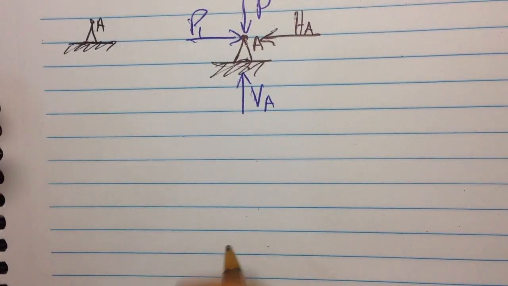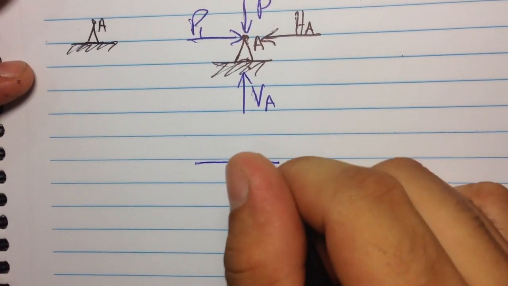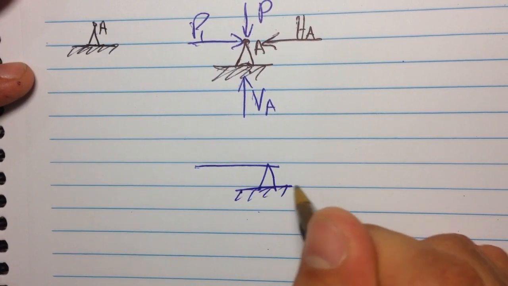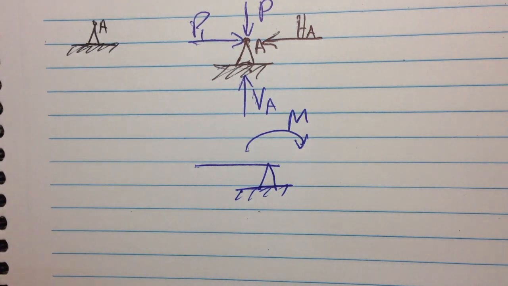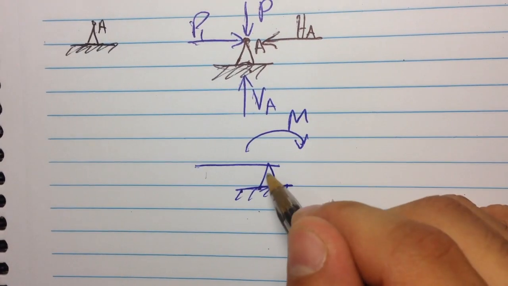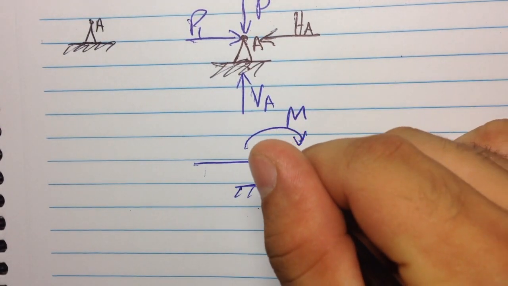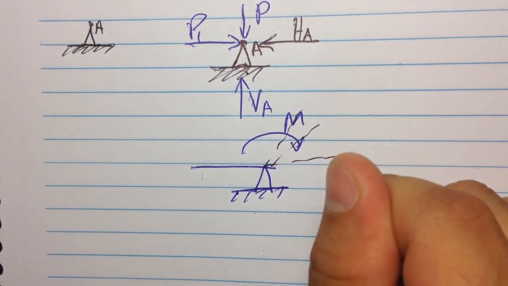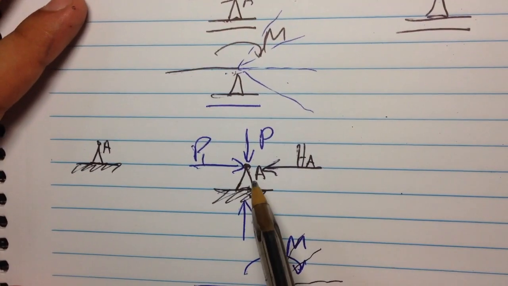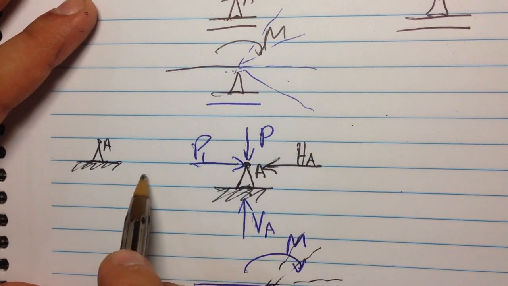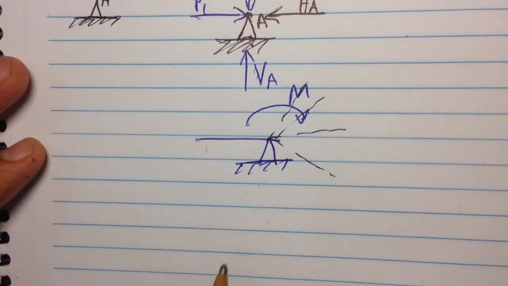But if we have a bar adjacent to the pin support and we apply a moment, let's say a moment M, the bar that is attached to the support is going to rotate in the direction of the moment. Then the pin support restrains vertical loads and horizontal loads, but it does not restrain moments. It does not restrain bending moments.